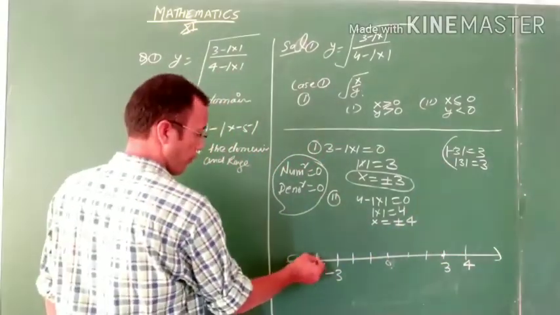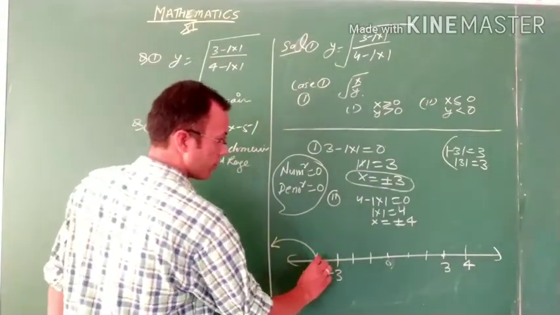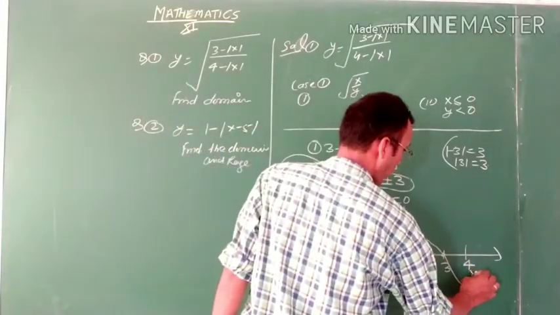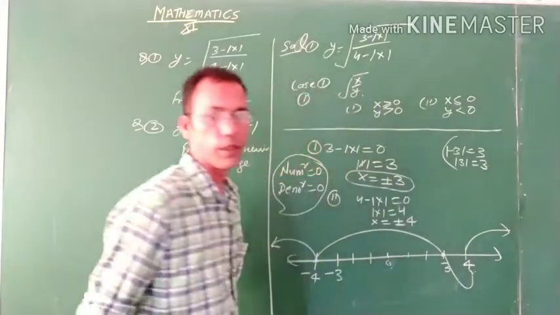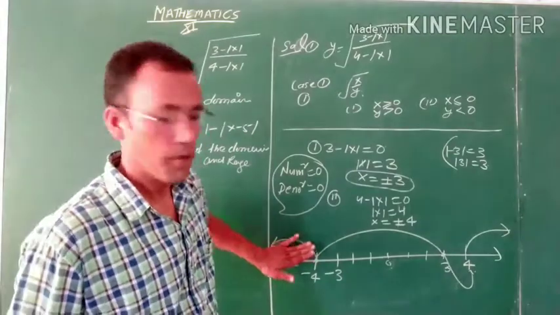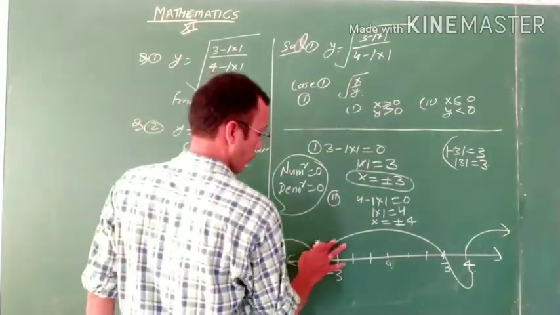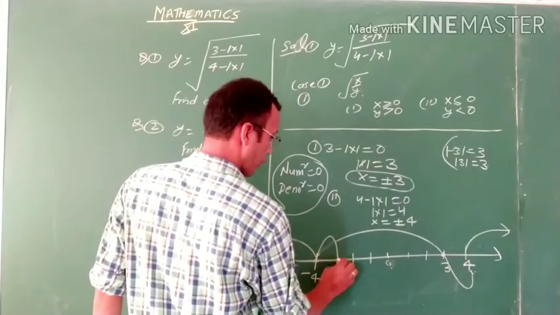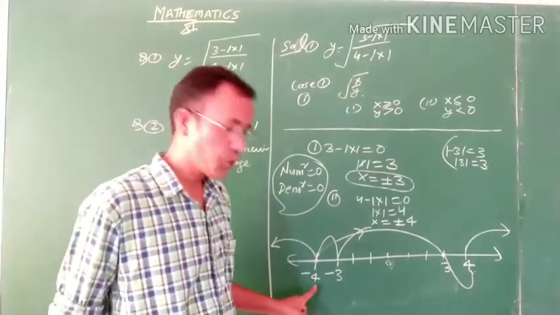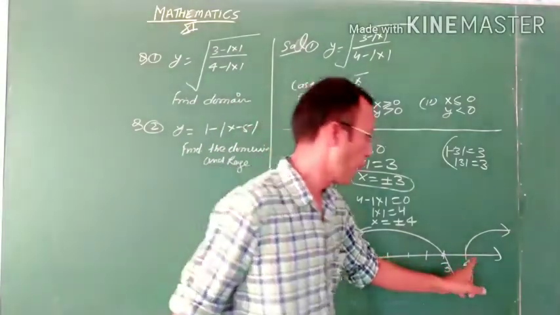Just write: first interval minus infinity to minus 4, then minus 4 to minus 3, minus 3 to 3, then 3 to 4, and 4 to infinity.